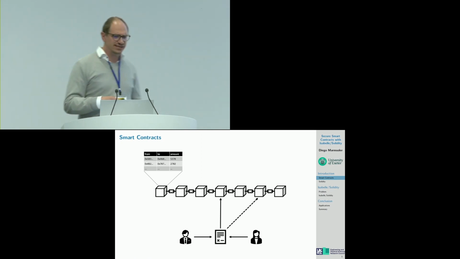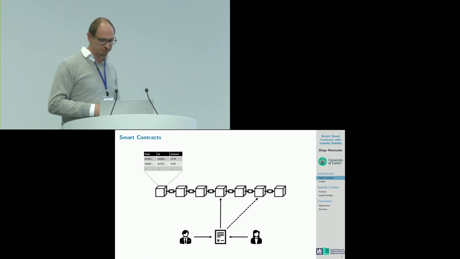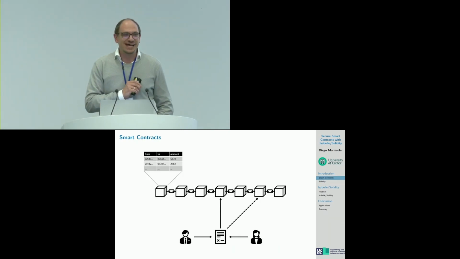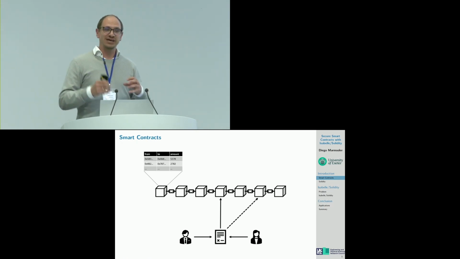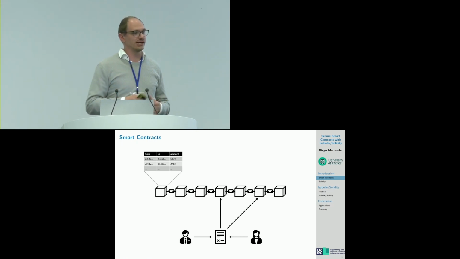And every day, hundreds of thousands of new smart contracts are deployed to various blockchains, managing millions of dollars worth of transactions. And smart contracts are usually developed in a high-level programming language, the most popular of which is Solidity.